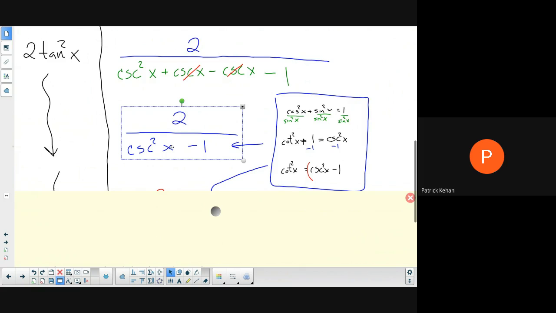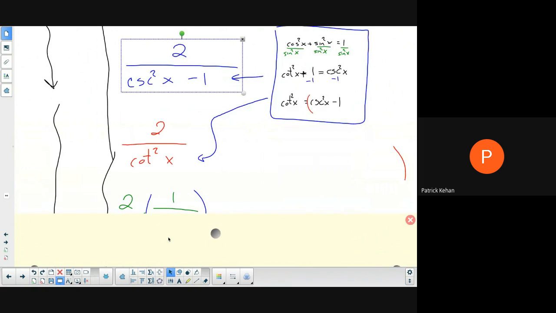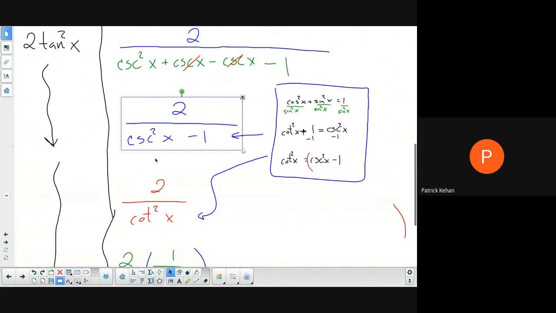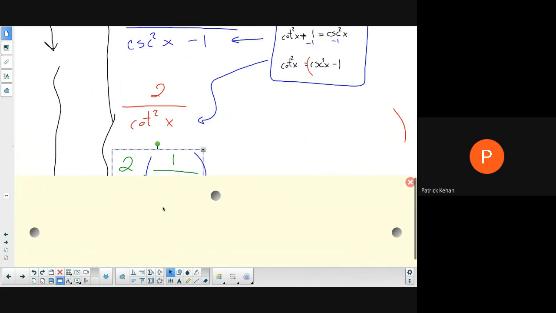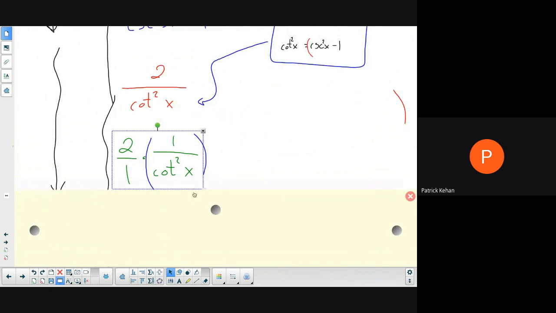So now I have 2 over cotangent squared x, and I'm trying to produce 2 tangent squared x. Remember, cotangent squared x is the reciprocal identity of tangent squared x. So you could do this one of two ways. You can deconstruct this fraction to 2 times 1 over cotangent squared x, and then translate 1 over cotangent squared x into tangent squared x.